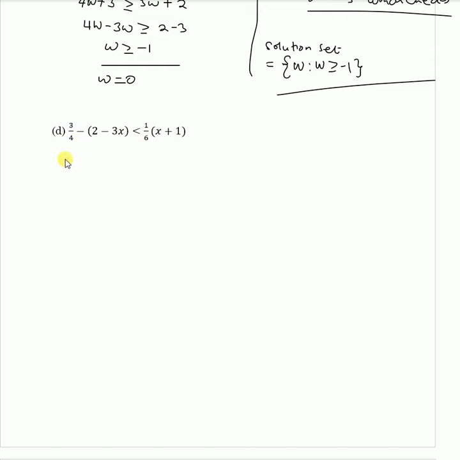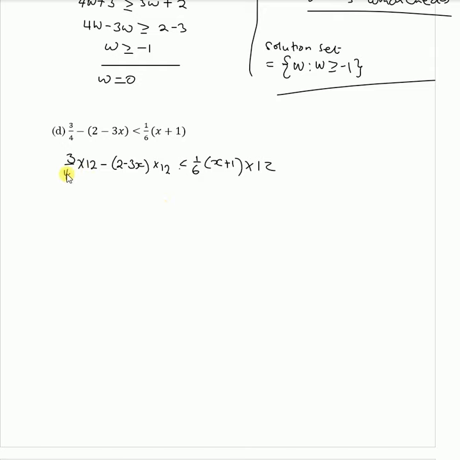4 and 6, the LCM is 12. So we are going to say 3/4 times 12 minus 2 minus 3x times 12. That is another block. The whole bracket together, they are multiplying it by 12. Then less than 1/6 into x plus 1 still times 12.